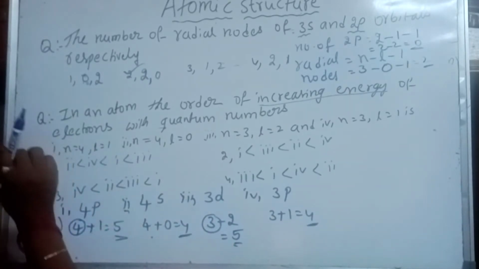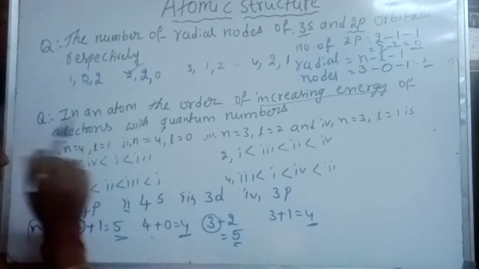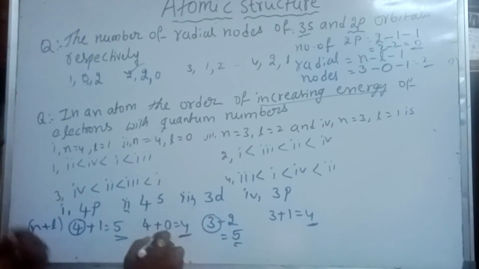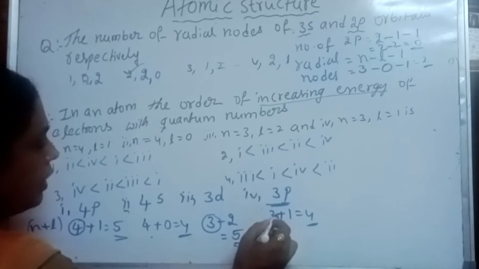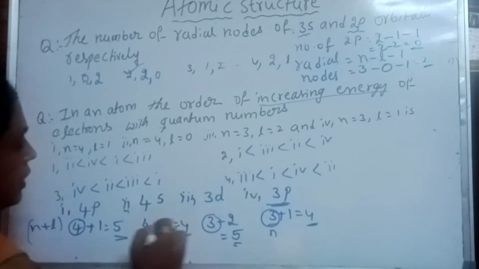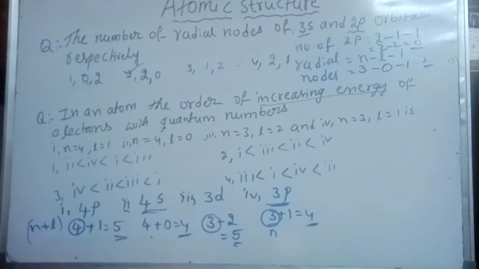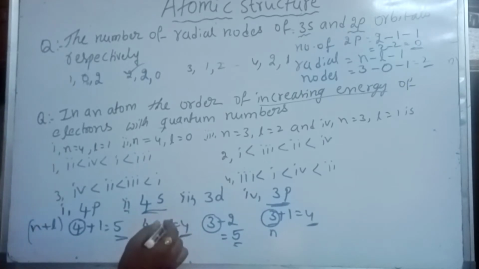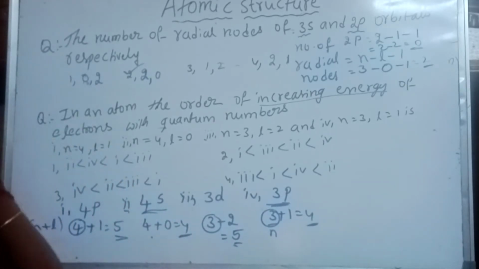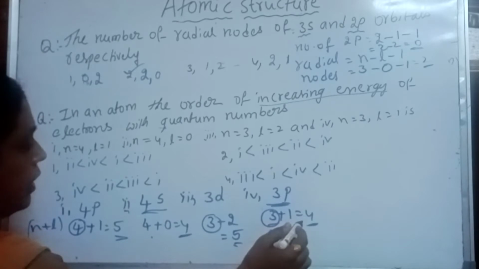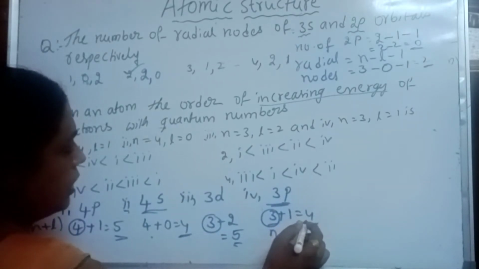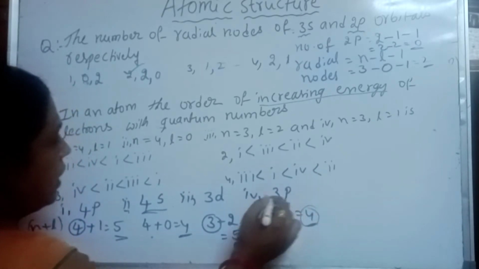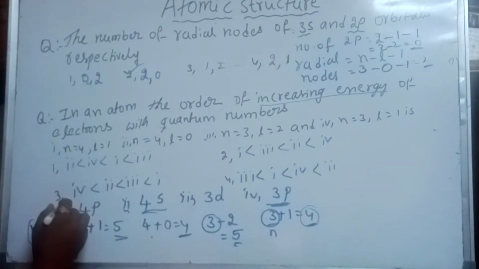Here these are least, 4 and 4. If we compare these two, this 3p orbital has less n value than 4s. So which one has the least energy? According to the n plus L or Aufbau principle, this one has the least, the fourth one.